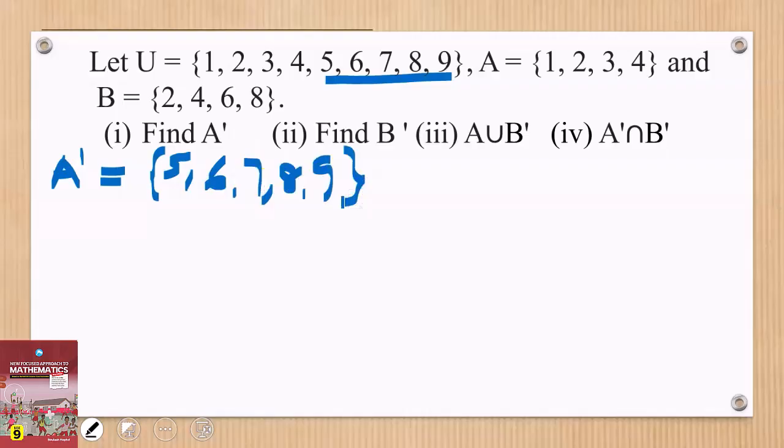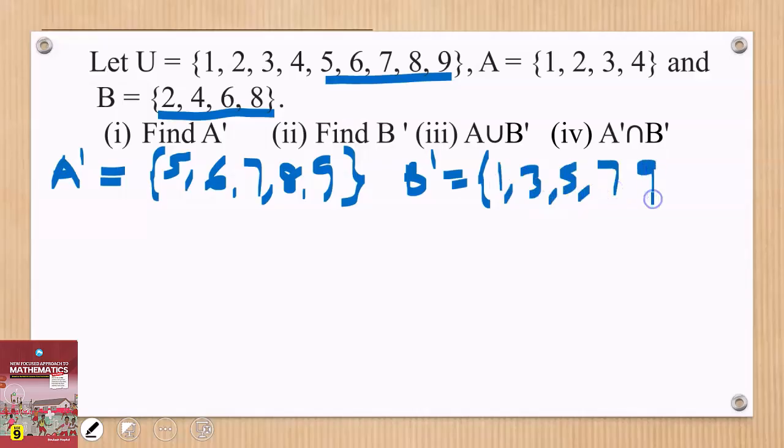Okay. Then the complement of B. B is 2, 4, 6, 8. So the complement is going to be 1, 3, 5, 7, and 9. So these are the complement of B.